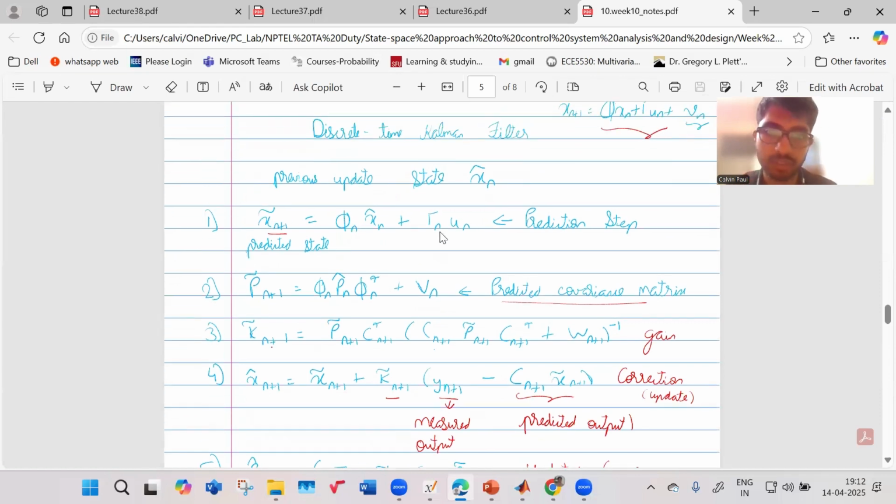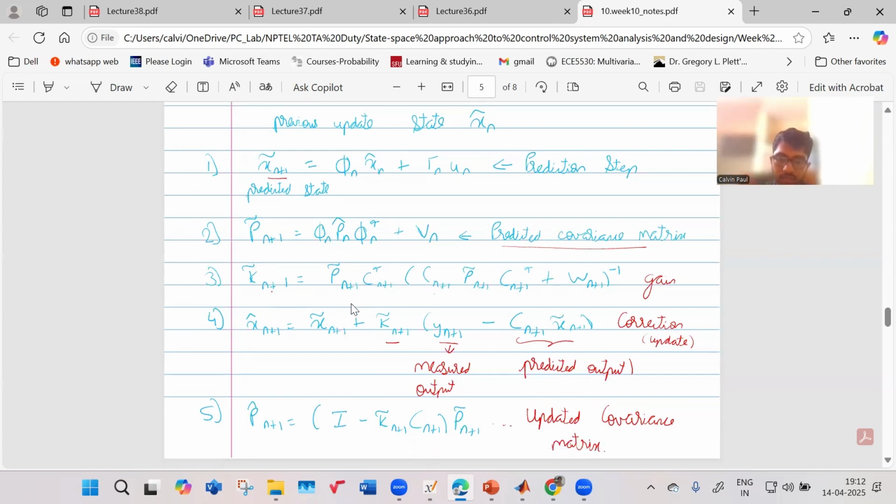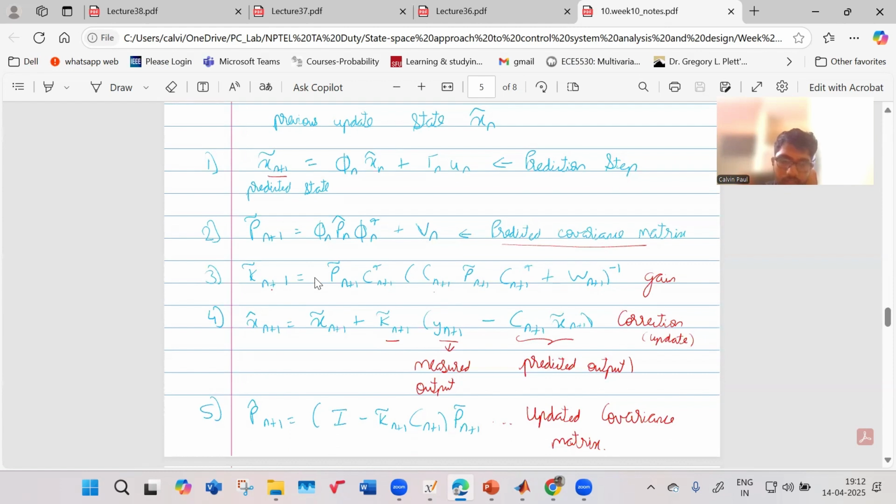So xn plus 1 tilde, we will find as xn hat plus gamma u, given the prediction step. And there's a predicted covariance. P tilde n plus 1 is phi into P n hat into phi transpose plus Vn. Then k n plus 1 tilde is the gain, which you have to consider, that is P n plus 1 tilde into C n plus 1 transpose.